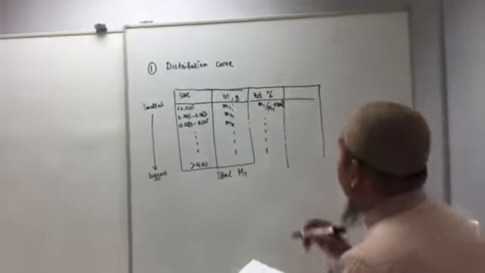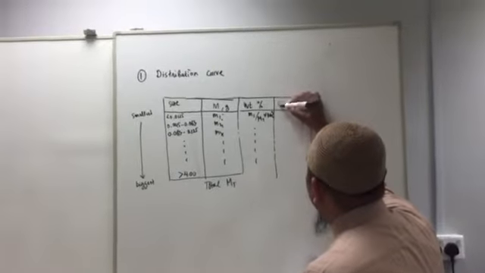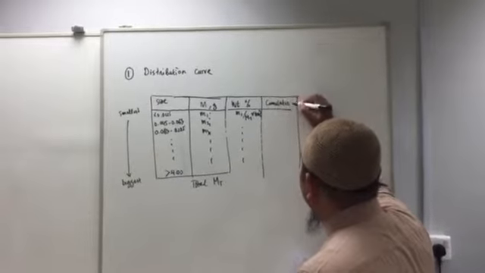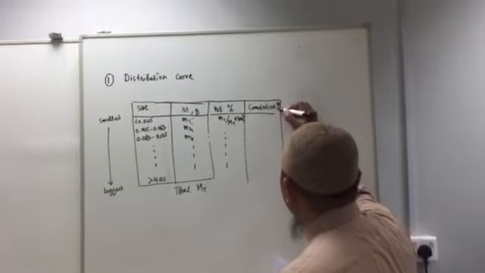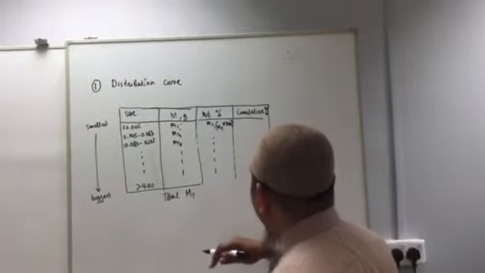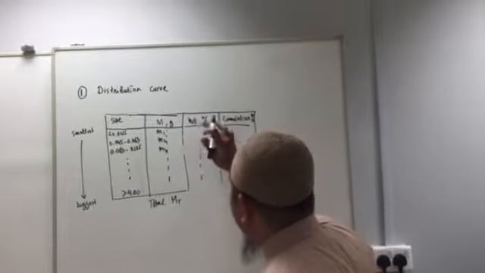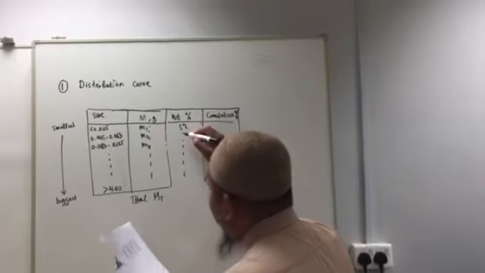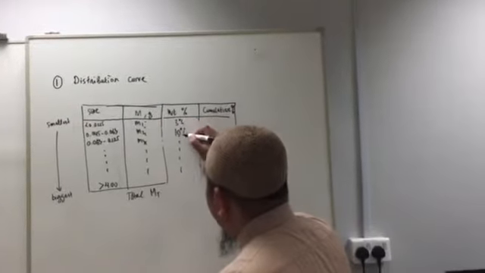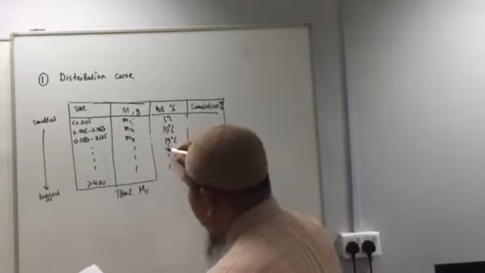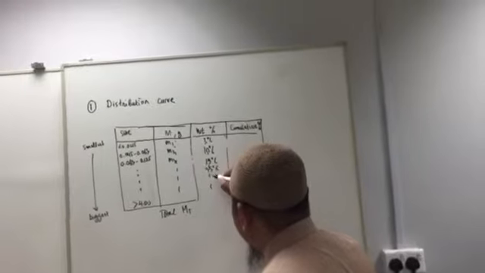And then we have what is called cumulative percentage. How to do this? Now I'm giving some numbers, okay? You know how to do this. Let's say you have 3% here, and then you have 10%, and then 19%, then 35%, and so on.